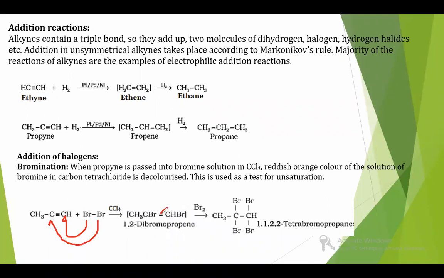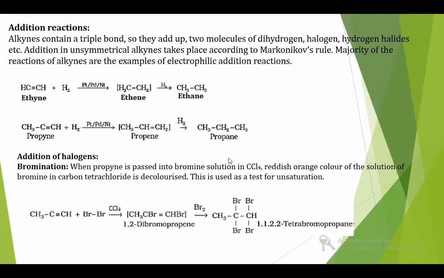Similarly, another bromine replaces hydrogen here, and here also another hydrogen is replaced by bromine. We get 1,1,2,2-tetrabromopropane. This is the addition of halogen.